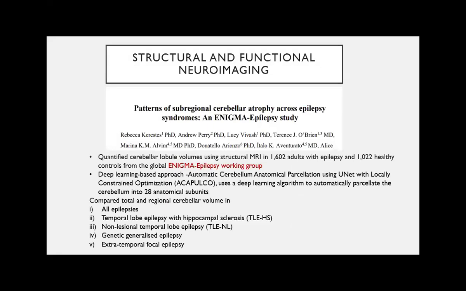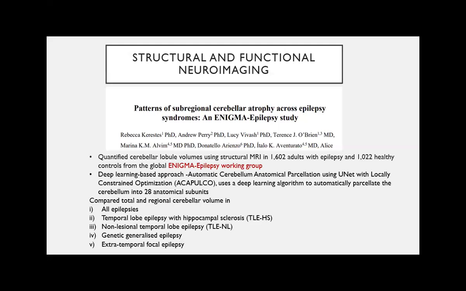Coming to structural and functional neuroimaging giving evidence for cerebellar involvement in epilepsy. There is a study called the ENIGMA Epilepsy study, which studied patterns of subregional cerebellar atrophy across epilepsy syndromes. In this study, they quantified the cerebellar lobule volumes using structural MRI in 1,602 adults, which was compared to 1,022 healthy controls selected from the ENIGMA Epilepsy Working Group.